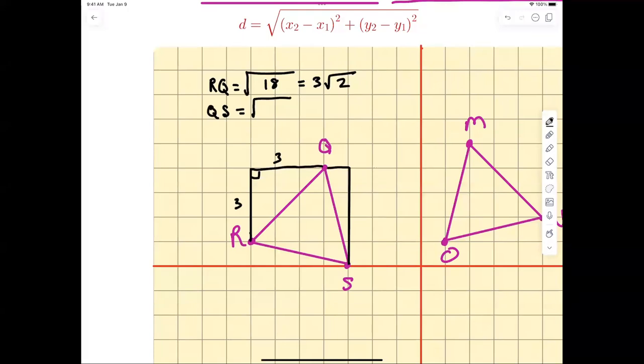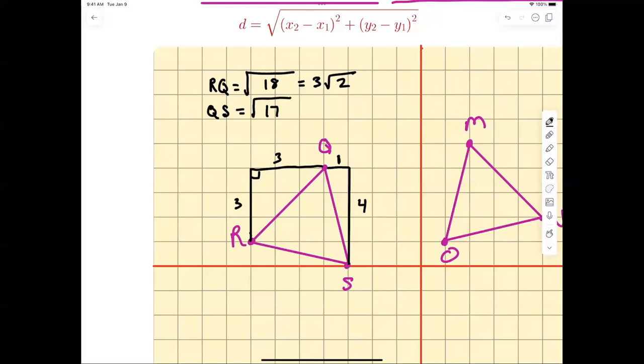What's this length right here? 1. What's this length? The vertical length? 4. So everybody agreeing now? 1 squared plus 4 squared. Everybody agreeing now that's 17? Yeah. All right. Can I break down square root of 17?